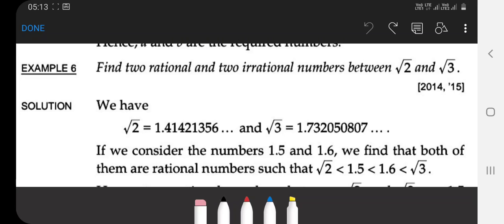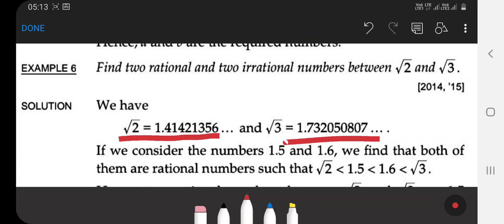Find two rational and two irrational numbers between root 2 and root 3 by the division method. First, find the value of root 2 and root 3. Similarly, as in the previous question, we find the two numbers between root 2 and root 3.